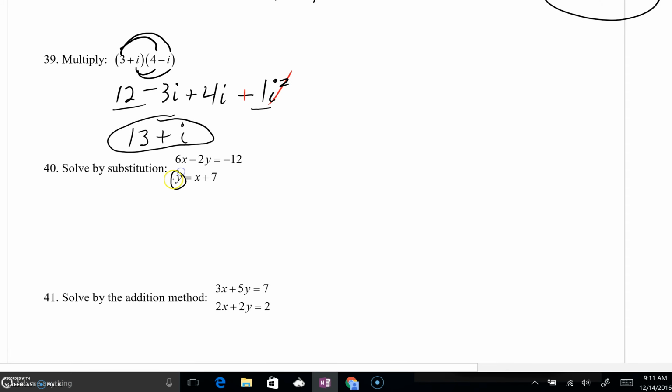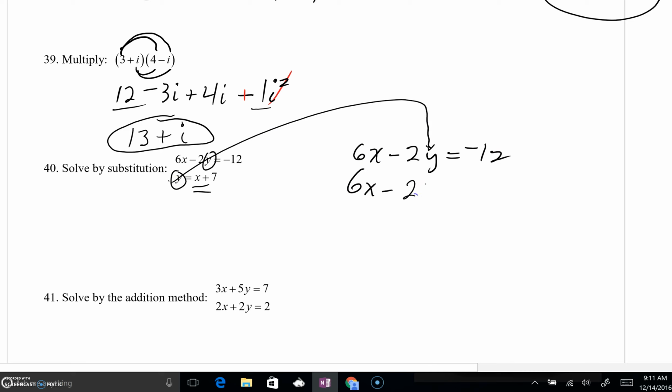Substitution. Substitution means replace the y with the expression x plus 7. So if I have 6x minus 2y is equal to -12, I'm going to take that y and I'm going to replace that with x plus 7.